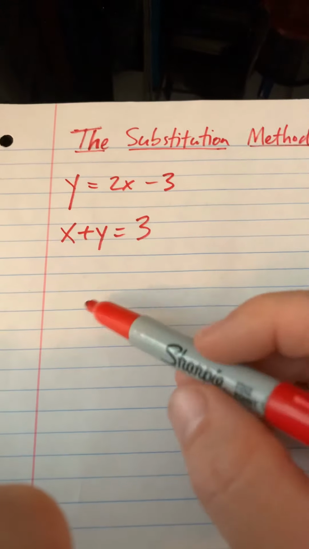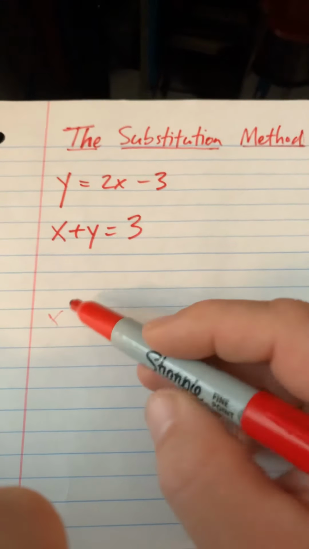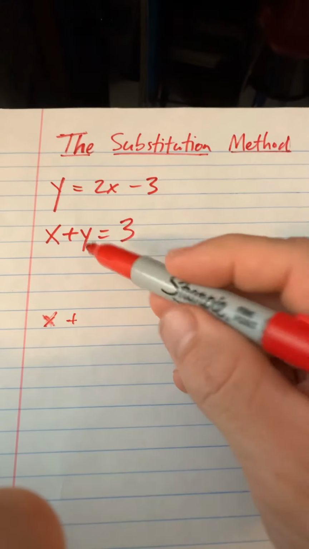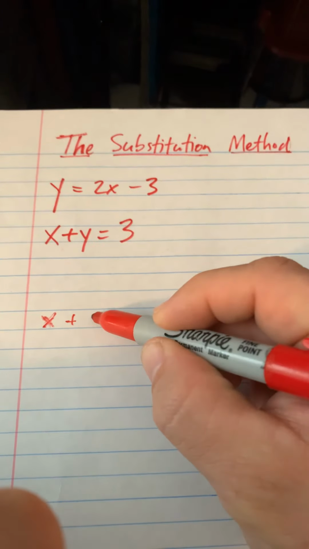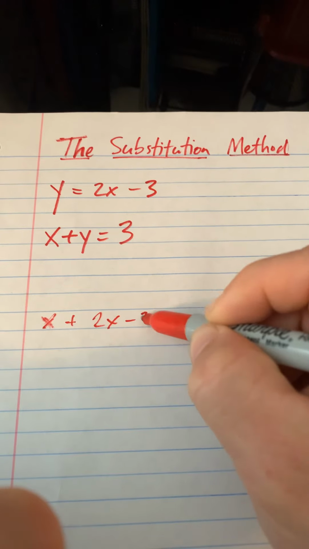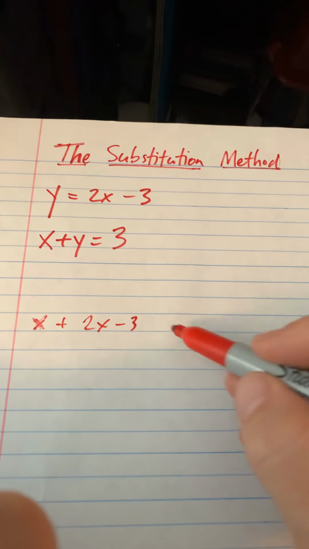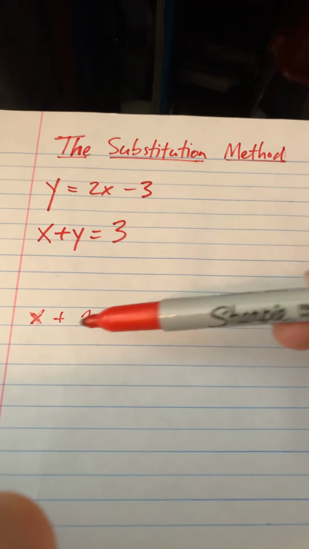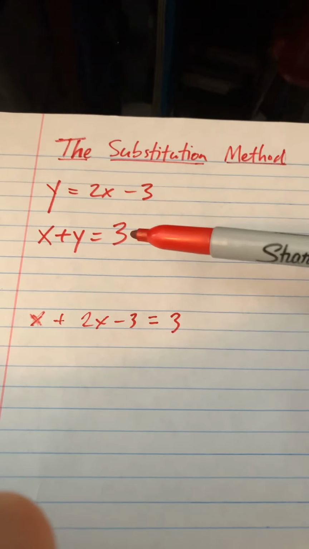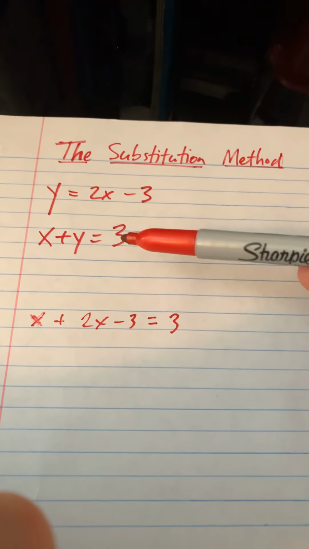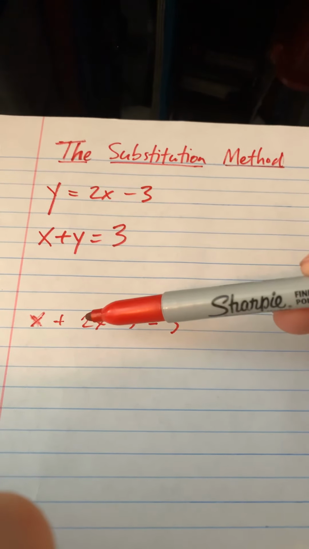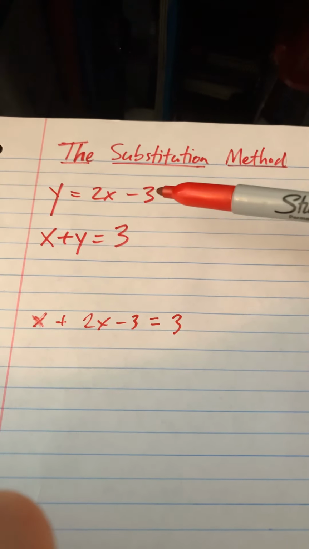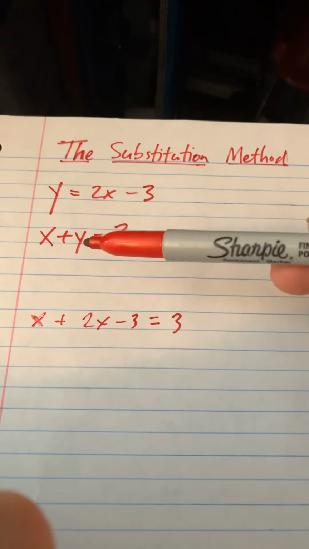It looks like this: x plus, and instead of y, I put 2x minus 3, equals 3. Everything is the same, except instead of y, I put the value of y, 2x minus 3.